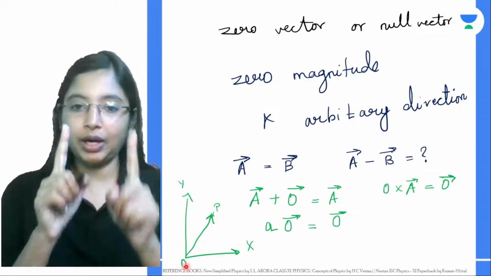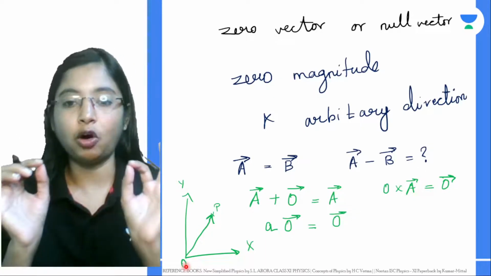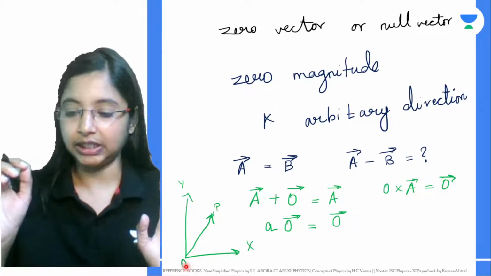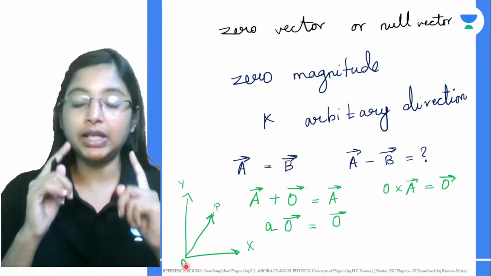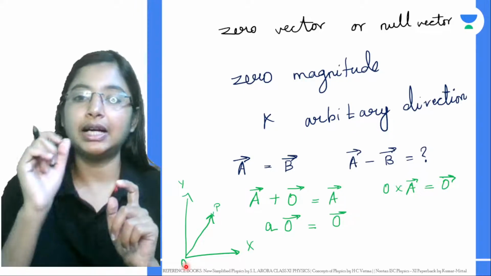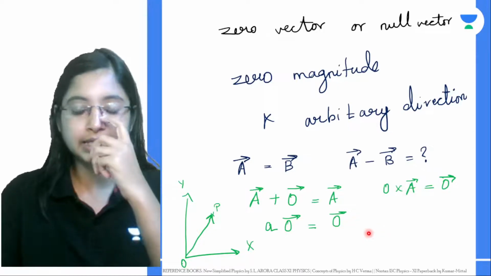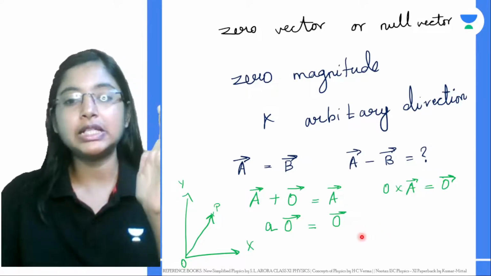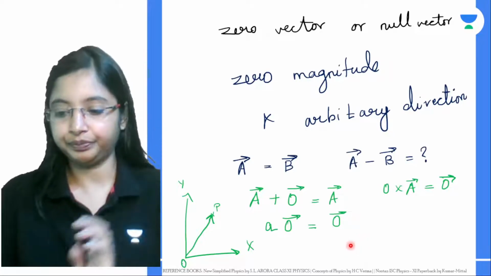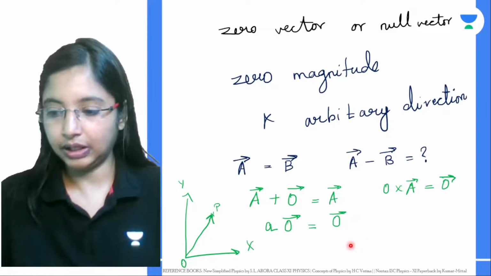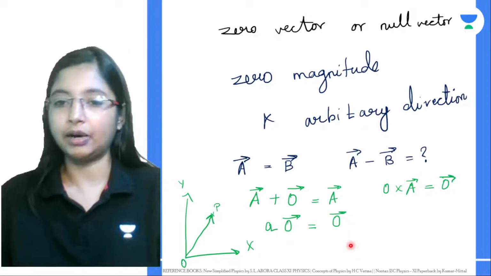And if an object is moving with uniform velocity, its acceleration becomes 0, so the acceleration vector becomes a zero vector. When you say acceleration is 0, it doesn't mean a scalar quantity; instead, you can say acceleration is a zero vector or a null vector.